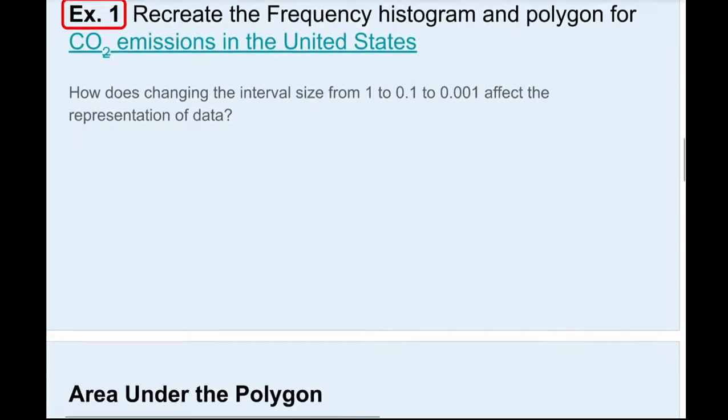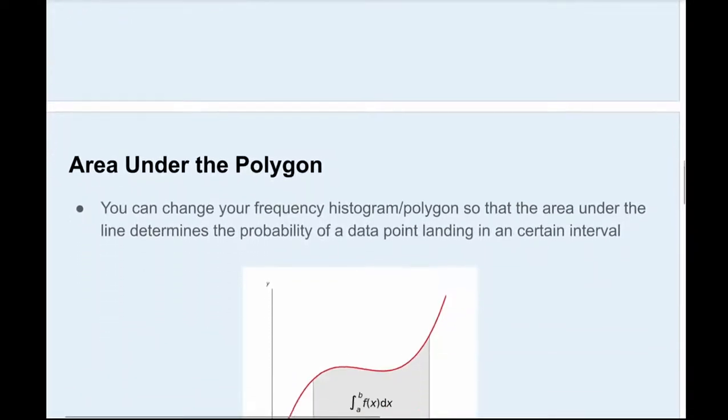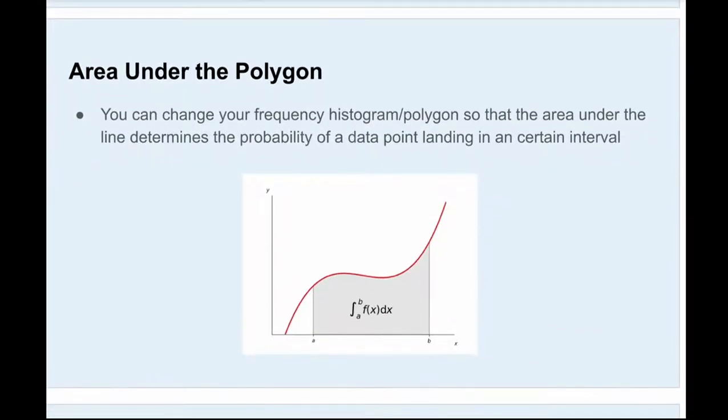So going back to our lesson, the area under the polygon. We've talked before about how when we deal with continuous data values, you want to find the area underneath the bar to represent the probability of a value being in that specific interval.